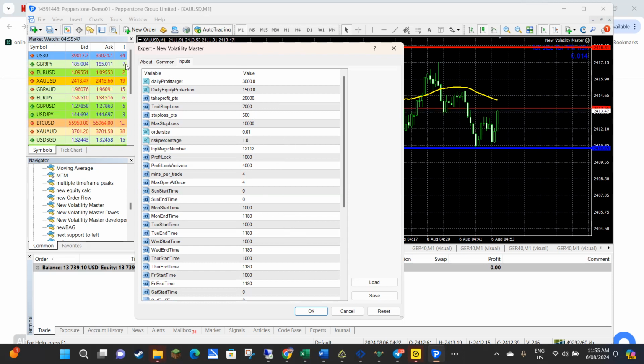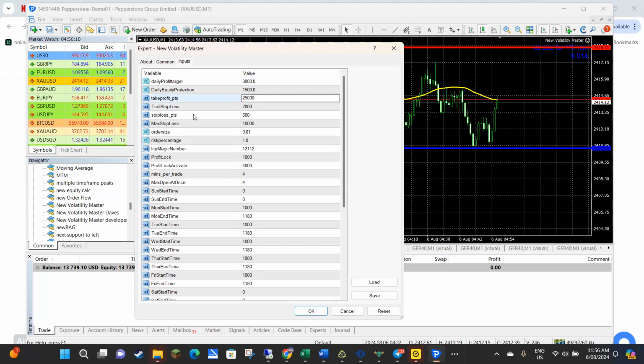Now, this does happen to be a Pepperstone broker that I'm on, and they do require you to drop a 0 on all of the pip prices. Everybody's going to be using different brokers, so you just have to work out for yourself what distance you need to use.